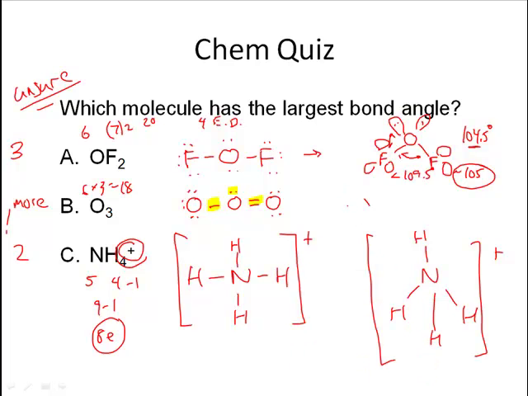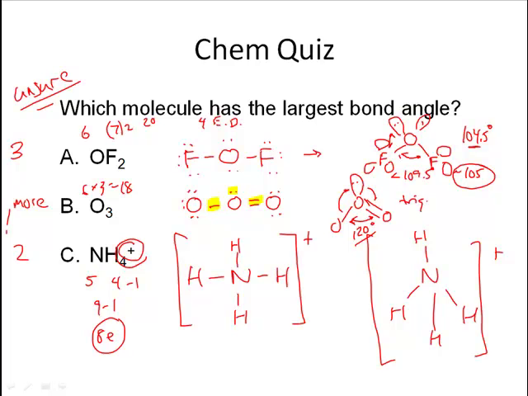That means that the angle between these, O, double O, O, and the lone pair up here, the angle between these two is going to be about 120 degrees. Maybe a little bit less than 120, but not much. It's going to be about 120 because this shape here, the angle between all of these is 120.